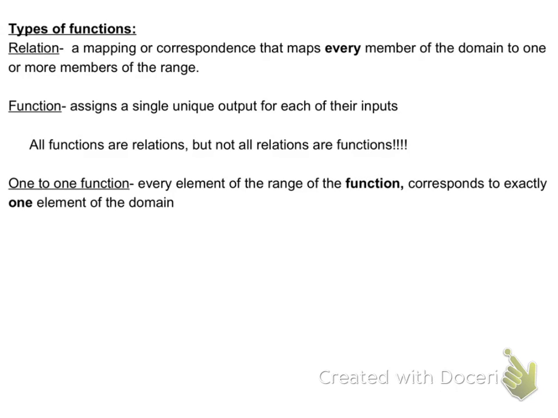Because you can have a relation with the same value going in, like 2 going to a 4 and a 6. That's a relation, but it's not a function. Because of the definition of a function, you will always have an x value going to exactly one output.